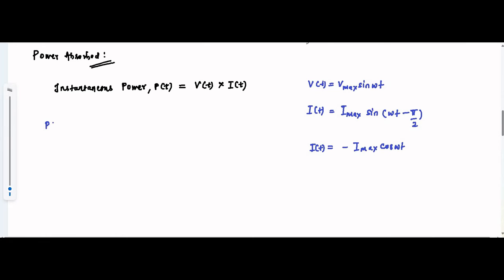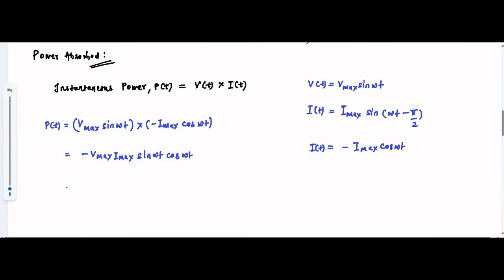So the instantaneous power will be equal to Vmax sine omega t into minus Imax cos omega t, which is equal to minus Vmax Imax sin omega t cos omega t.